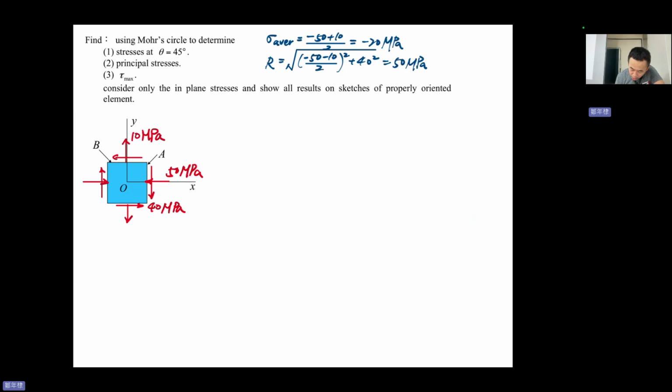Now we know where the center is, tau x1 y1, and this is sigma x1. And we know that is always here, minus 20, and 50 as the R.